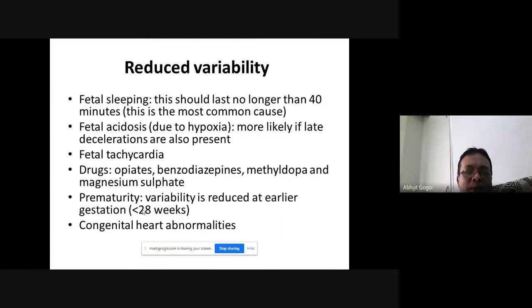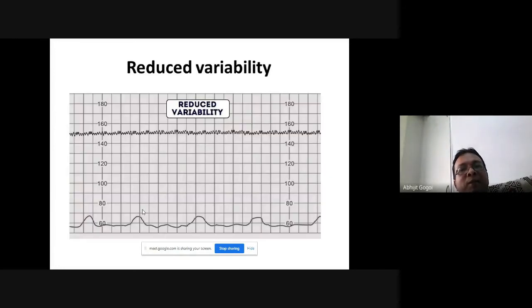So before 32 weeks, or before 28 weeks, the variability can be reduced. If you do this test before 28 weeks or before 32 weeks, you might get reduced variability because the autonomic nervous system is not fully developed. Okay, but if it's a patient in labor and you find this, then that's a problem.